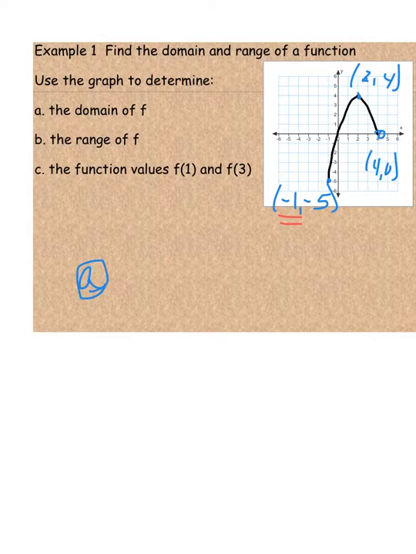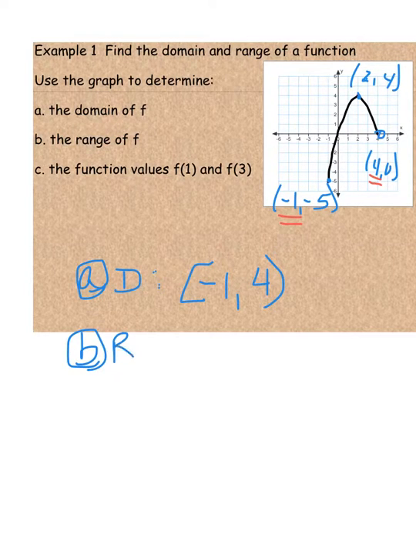The last x value I come to is the point (4, 0), which has an x value of 4. So my domain runs from -1 with a bracket because that point is included, to 4 with a parenthesis because that point is not included, because of the open circle on the graph.